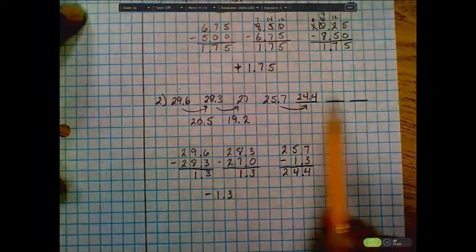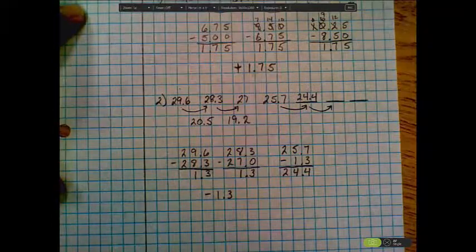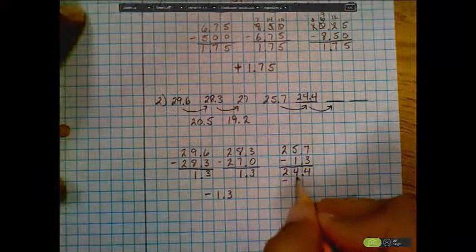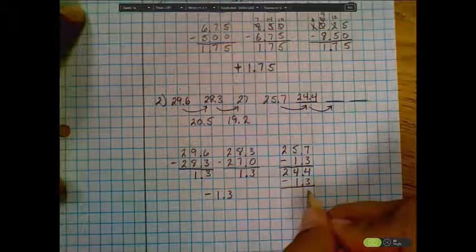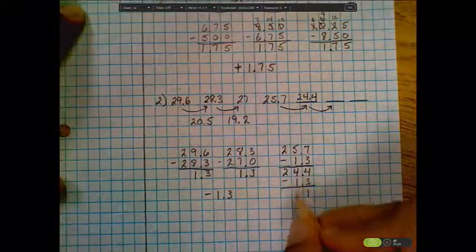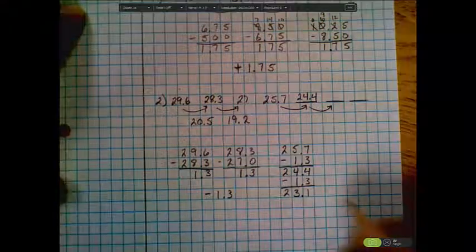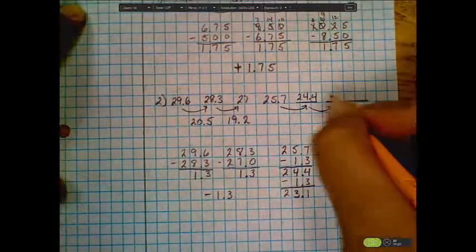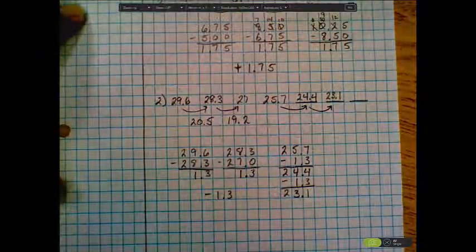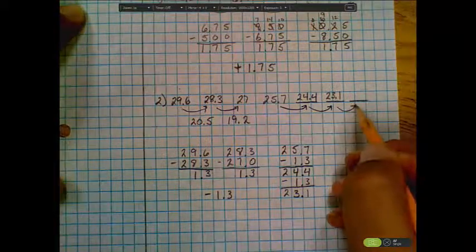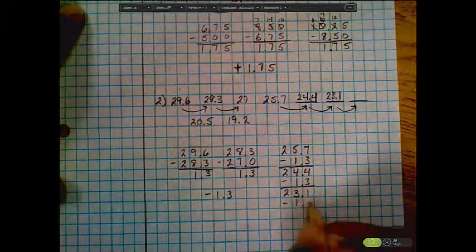Now that we know what this one is, we can find this next unknown term. Again, we're going to subtract 1.3. 4 minus 3 is 1, 4 minus 1 is 3, and 2 minus 0 is 2. Bring down our decimal point, and so this value is going to be 23.1. And then we have one more unknown term, so we're going to subtract another 1.3.